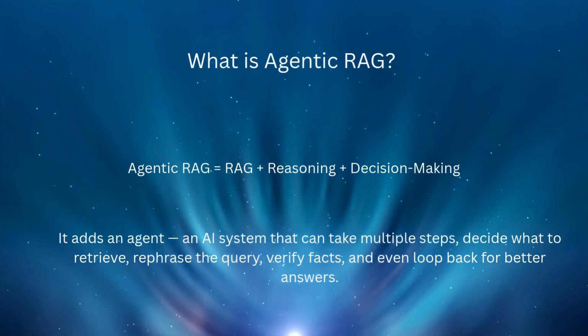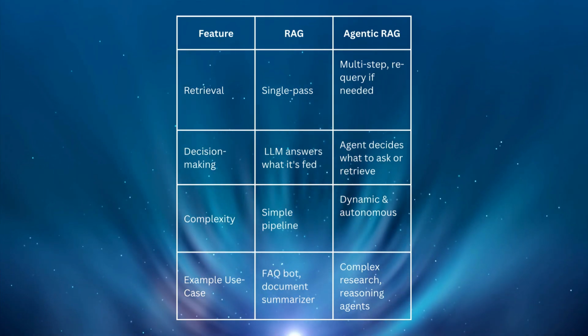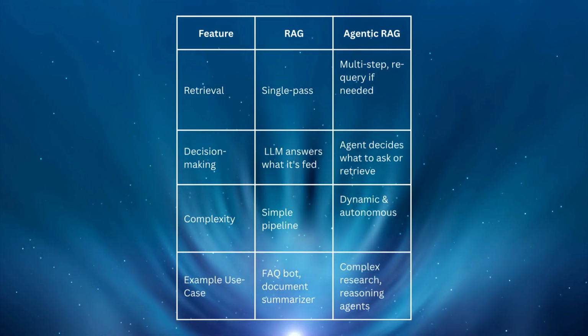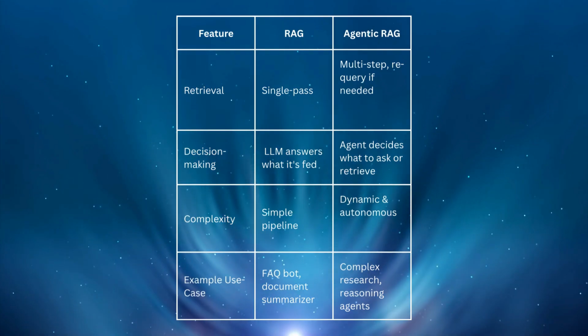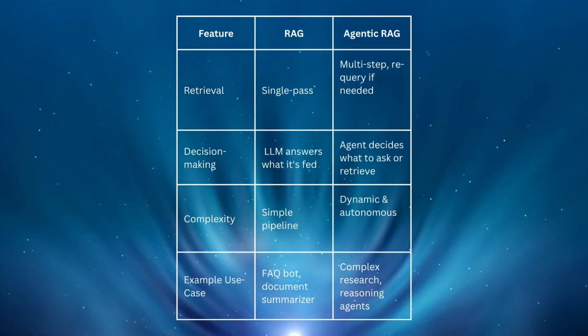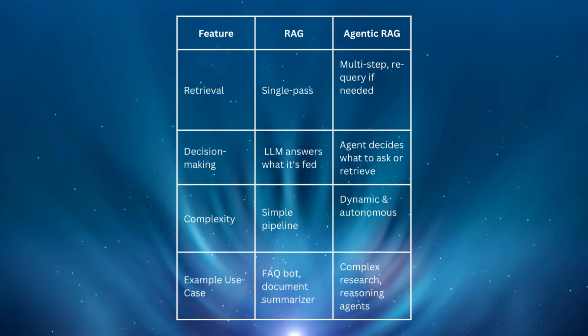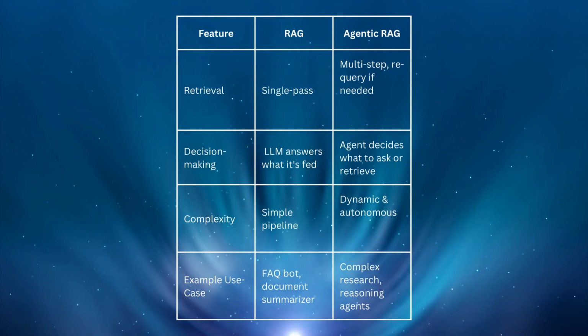So let's compare some of the features of RAG and agentic RAG. In terms of retrieval, RAG is single pass, but in the case of agentic RAG, it uses the agent, so it is multi-step. Sometimes it has to rephrase the query, so some additional steps are required. In terms of decision making, the LLM answers what it is fed. It does not use thinking capability, it just answers what it is fed. But the agent decides what to ask or retrieve.